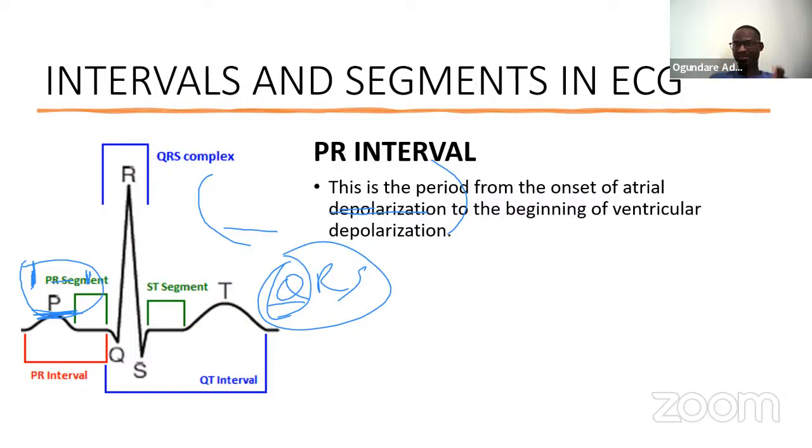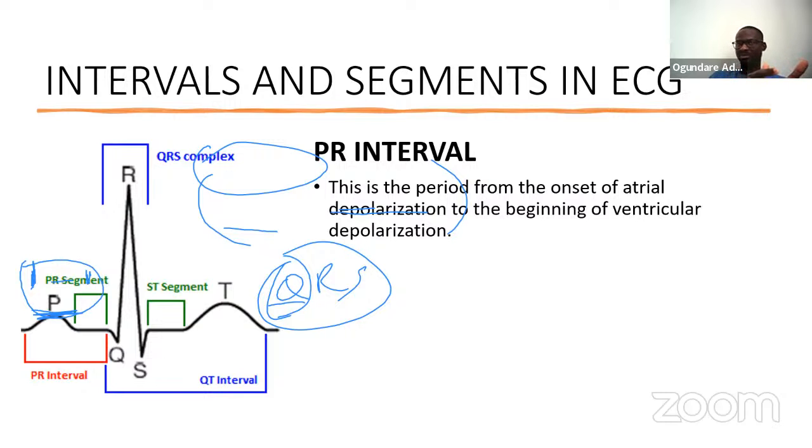It is this delay that we measure as the PR interval. That delay is meant to be just 0.12 to 0.2 seconds. When it's less than that, it shows that there is a bit of bypassing.